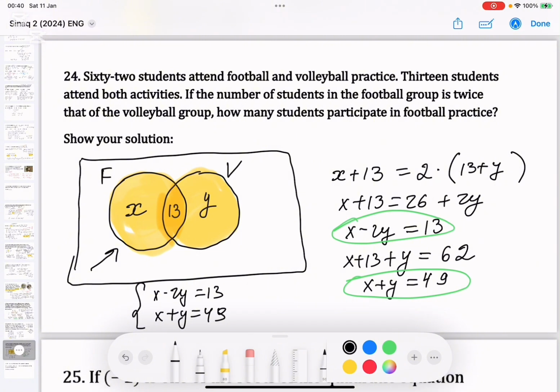If we find the difference of these two equations, we're going to have minus 3y and negative 36. So y would be equal to 12. So we have 12 students who participate only in volleyball practices.